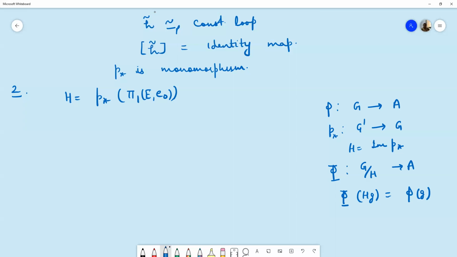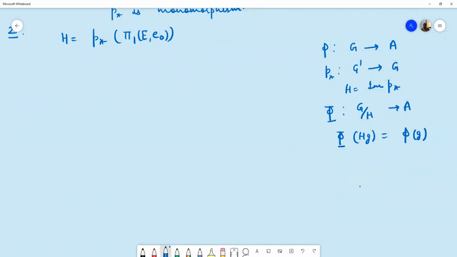Because in this case, if we want to prove capital Phi is 1, 1, we want to prove that capital Phi of Hf is equal to capital Phi of Hg if and only if Hf is equal to Hg.